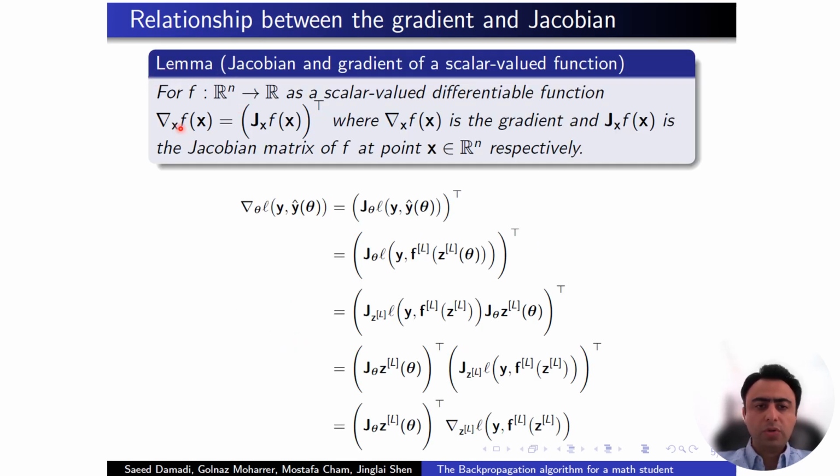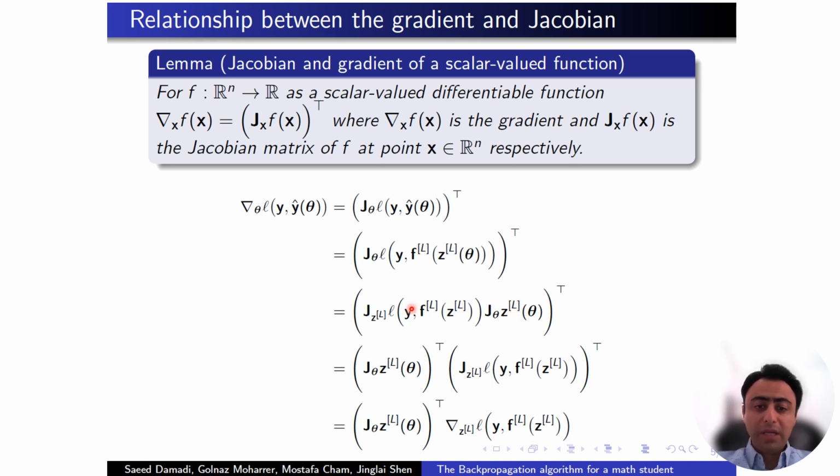This lemma shows the relationship between the gradient and the Jacobian of a scalar valued function. We can write the gradient of a scalar valued function as the transpose of the Jacobian, and rewrite this as the Jacobian of the function including the last layer activation function. Because we are dealing with Jacobians, the chain rule can be applied, and we can separate these two out: first take the Jacobian with respect to ZL, and then the Jacobian of ZL with respect to theta.